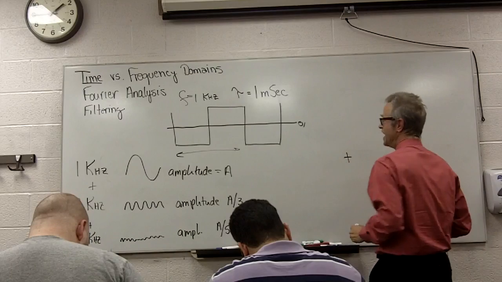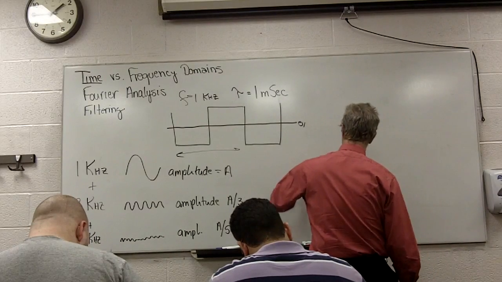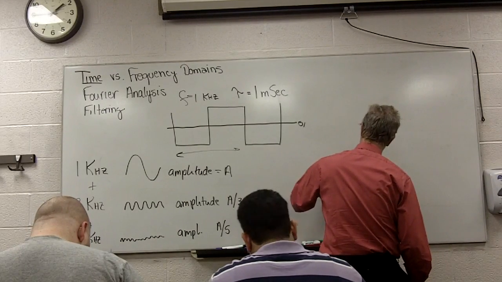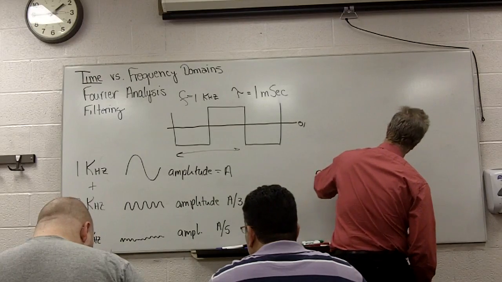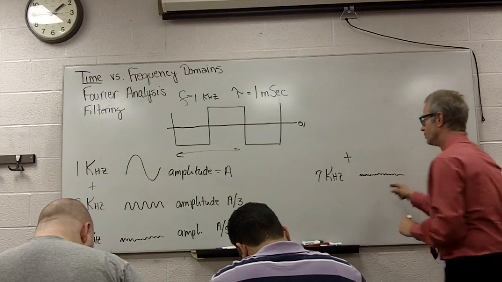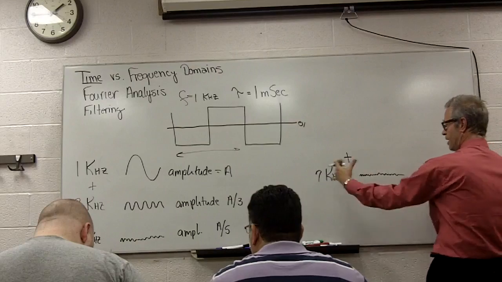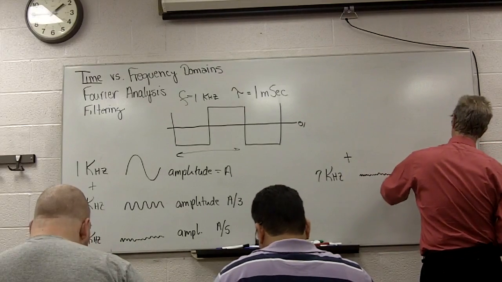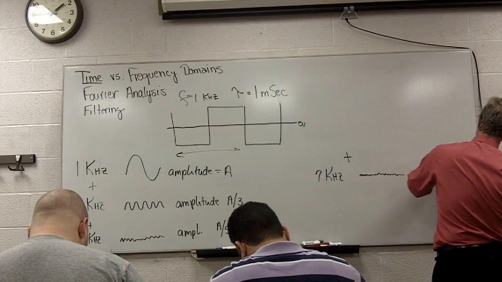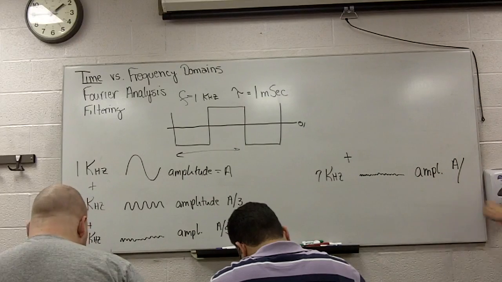We're going to add to that a 7 kilohertz sine wave, which is even smaller and more squished together, with an amplitude of A divided by 7.